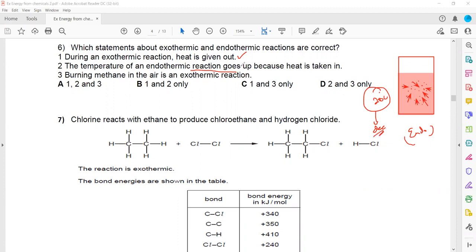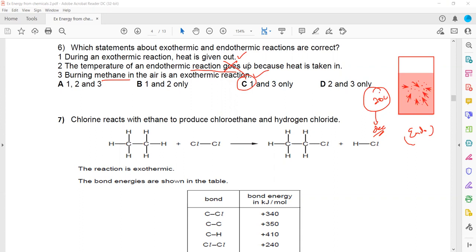So the statement that the temperature of an endothermic reaction goes up is wrong. It should go down because the particles take in heat energy from the water or the liquid. And for burning methane, CH4, whenever you burn anything, combustion reactions are always exothermic. That's why C is the right answer.